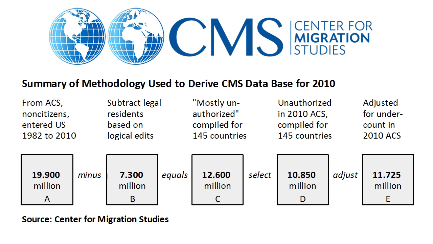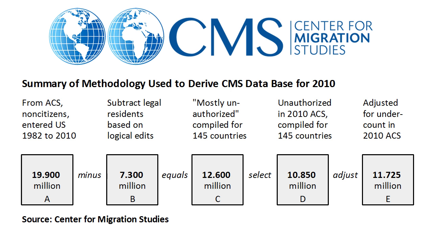And if we turn over to the slide, the summary of methodology, I'll finish up this section by going through the major steps in methodology. Three of them we've covered already. So the first step, Step A, is the 19.9 million from the ACS.